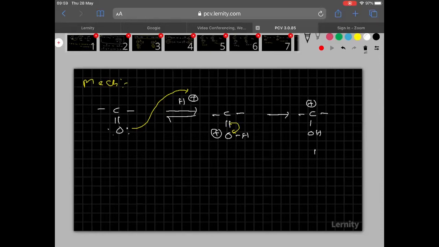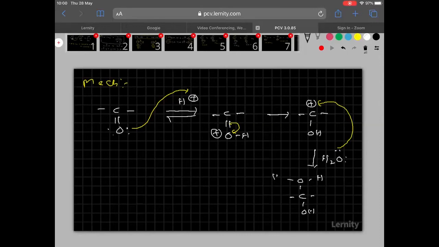Clear? Now the nucleophile, that is water, will attack. In water, the central atom oxygen carries 2 lone pairs, that is electron rich. So now oxygen will give an electron pair to the positively charged carbon. Is it clear, everyone?